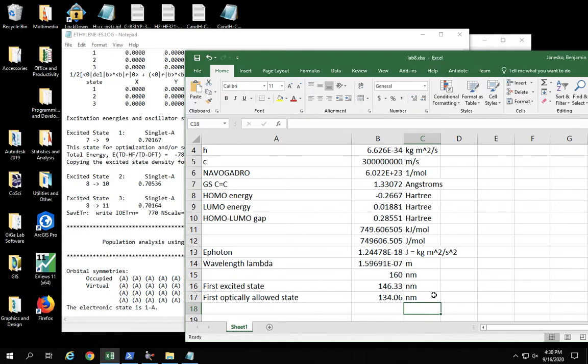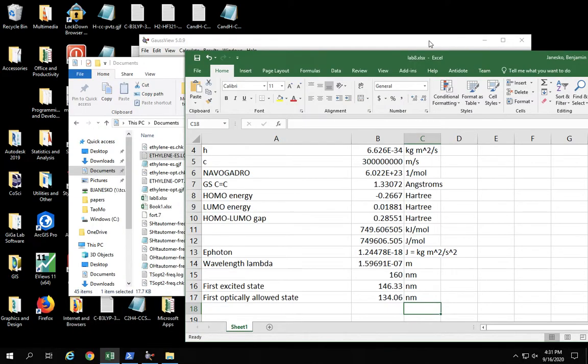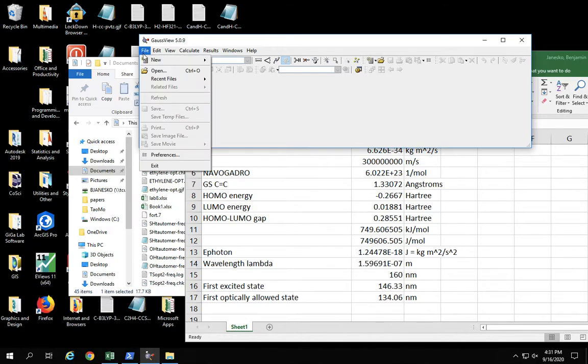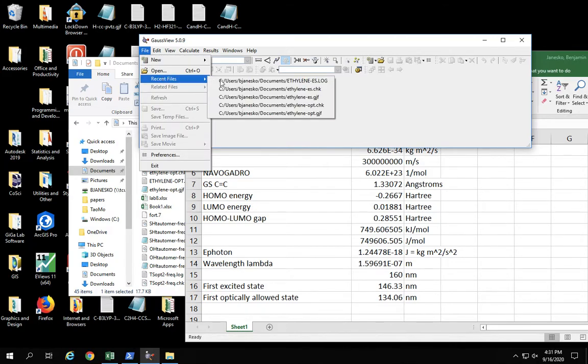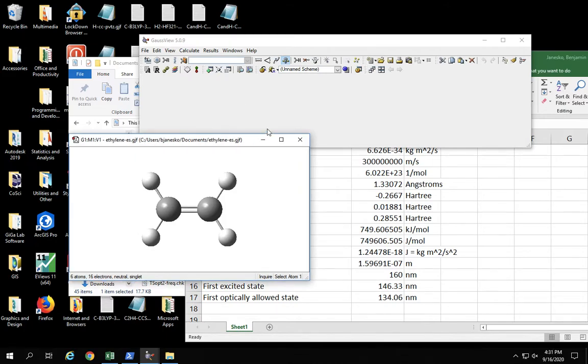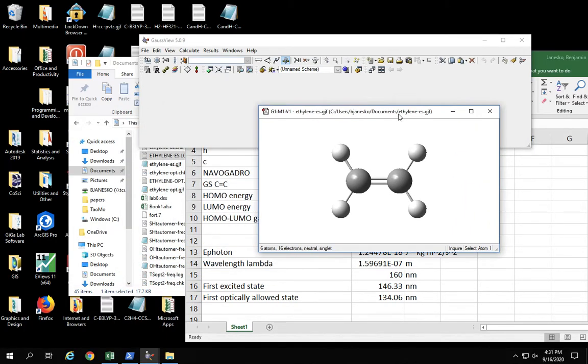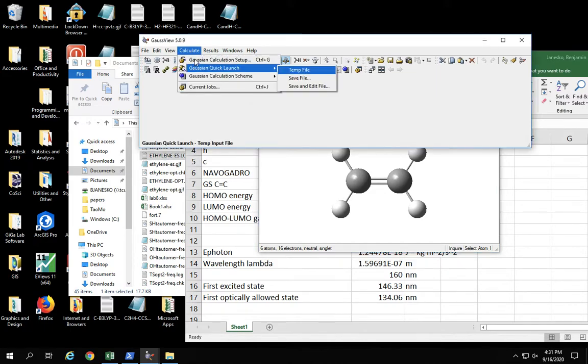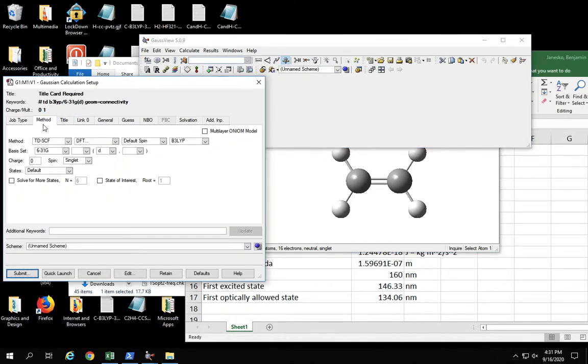Okay, now the next part. What about fluorescence? The last thing we're going to do is look at how we compute a fluorescence spectrum. So we're going to do something similar to before. I'm going to open my original excited state energy calculation and modify it.